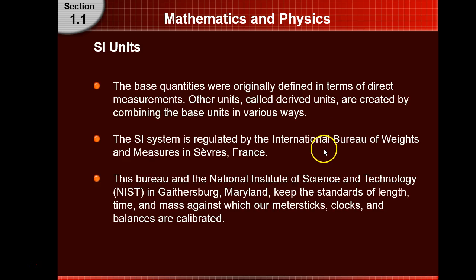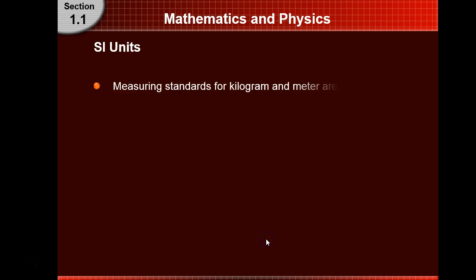And obviously, if it's French, then those are regulated by that agency in France. This bureau and the National Institute of Standards and Technology in Gaithersburg, Maryland, keep the standards of length, time, and mass against which our meter sticks, clocks, and balances are calibrated. And that's important. It's not just willy-nilly.